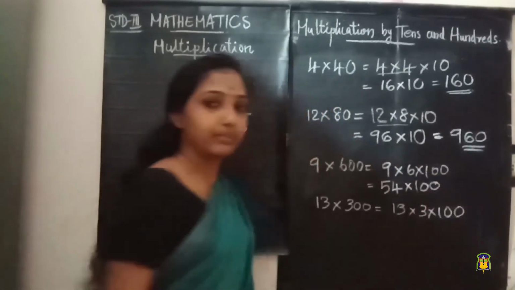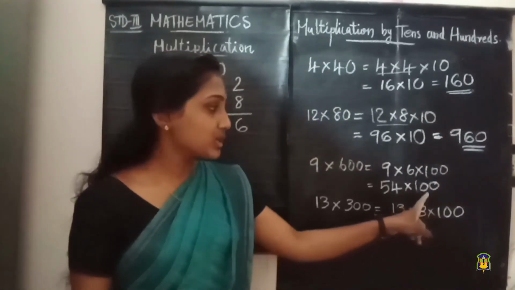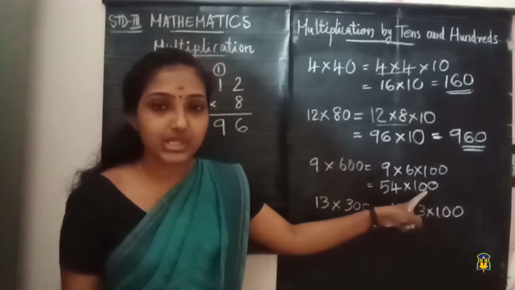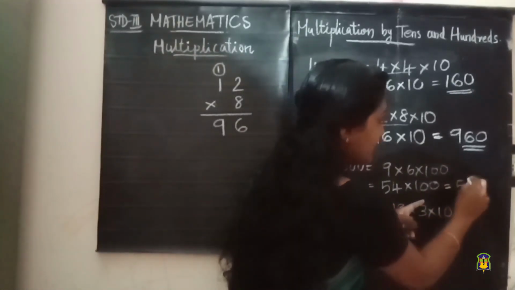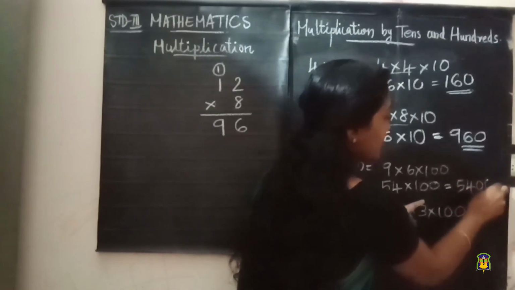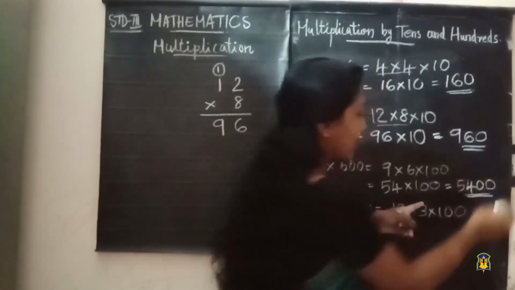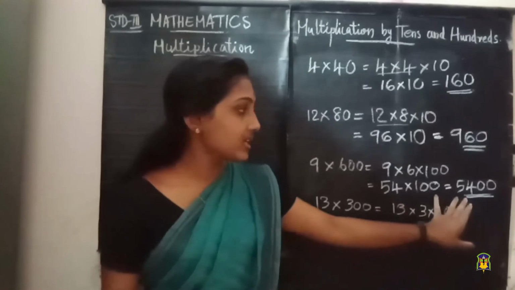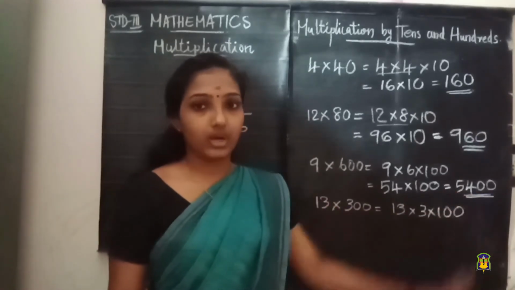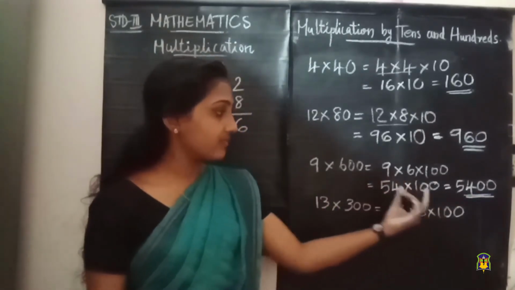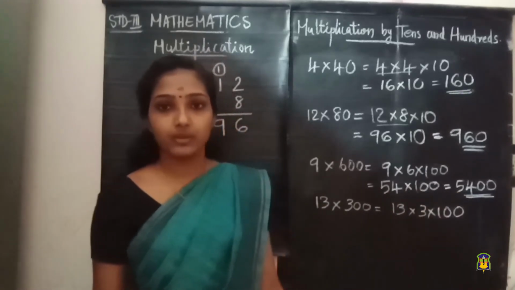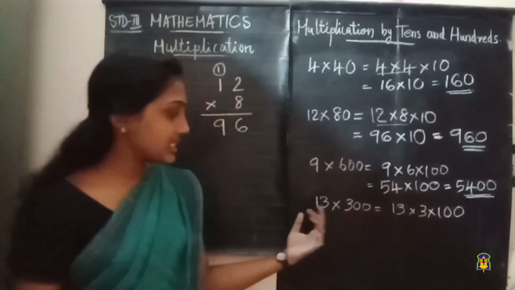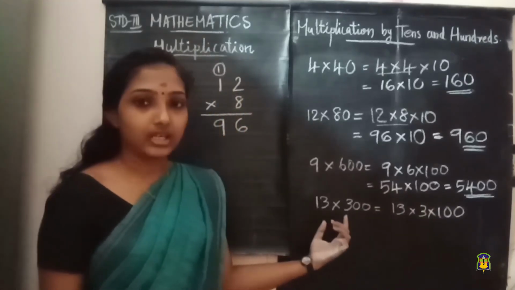To multiply with 100, we have to just add 2 zeros to the given number. Adding the 2 zeros, 54 into 100 is 5400.